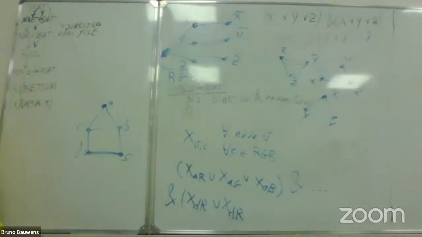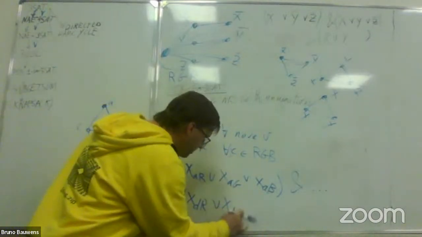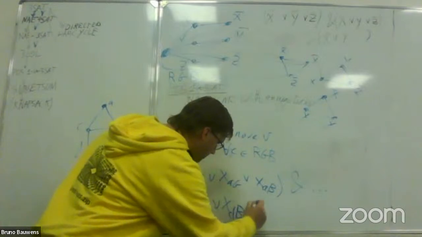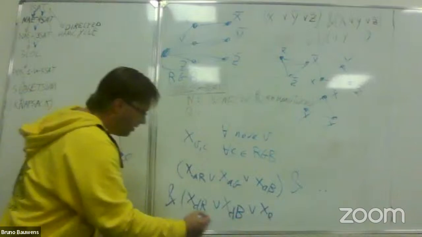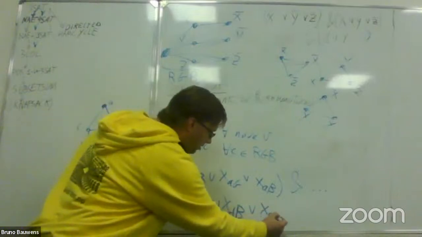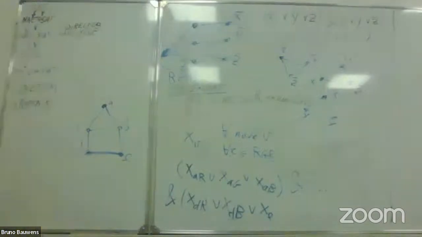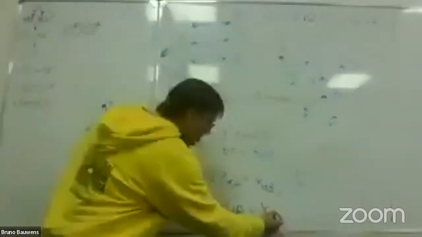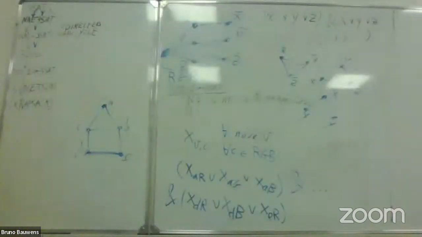Let's check whether this works. We look at the node E with the third color, X_E,G.